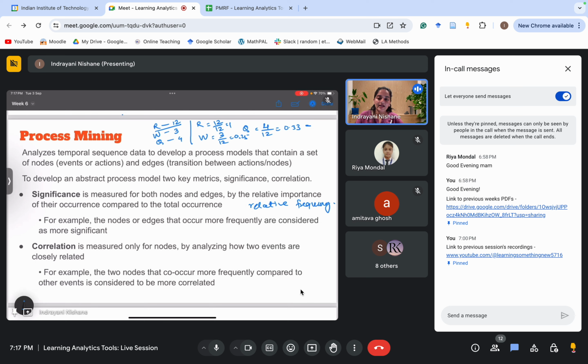So from read, how many times the student is going to write, how many times going to quiz. That will tell us how read is strongly correlated with the write action and with the quiz action. So as the word suggests, correlation is how closely these events are related, how frequent is the transition of node 1 with node 2.